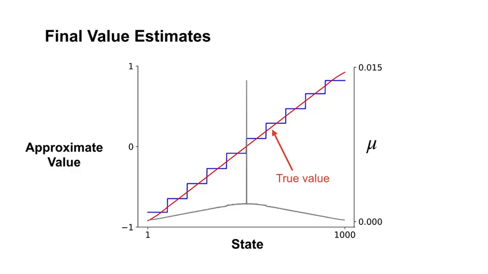States near the center of the chain are visited more often than those near the terminal states, as depicted here. For example, let's look at the leftmost group of states, states 1 to 100. States near state 100 are visited much more than states near state 1. The approximate value is skewed towards the true value for states near state 100. This is because mu weights these states higher in the value error.